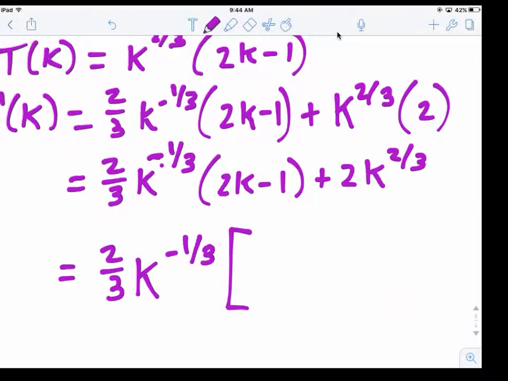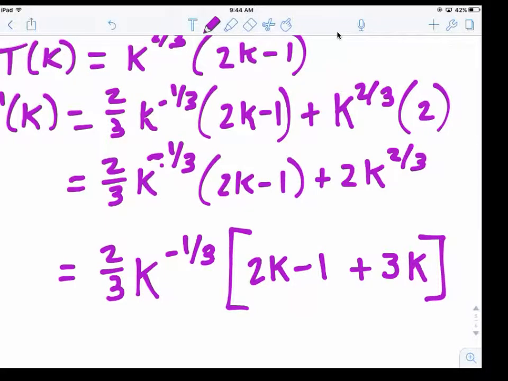Okay, so we took out 2/3 k to the negative 1/3, right? We're left with 2k minus 1 plus now, what do we need to multiply 2/3 to get 2? 3. And then what do I need to multiply this by so that I get k to the 2/3? Just k to the first. Right?